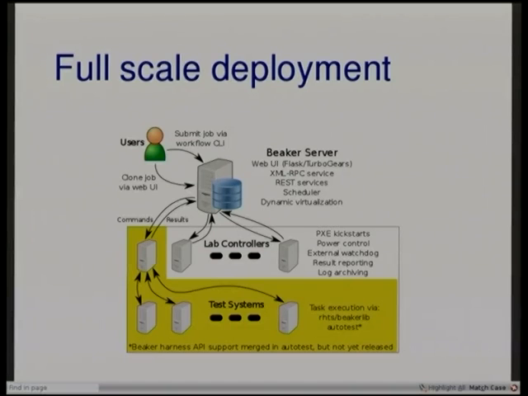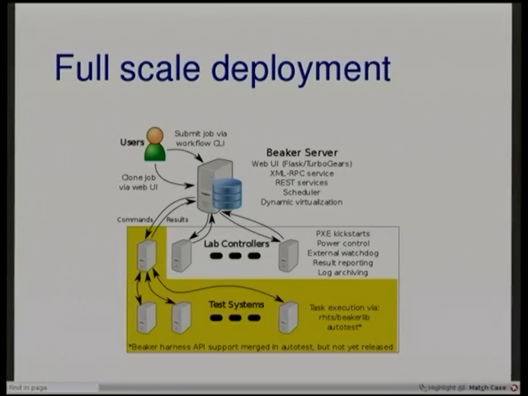You then have a bunch of potentially geographically distributed labs, and the lab controllers take care of stuff like the PXE booting, controlling power on machines, timing out tests that have just died for no apparent reason, collecting logs, and reporting the actual results back to the central server.